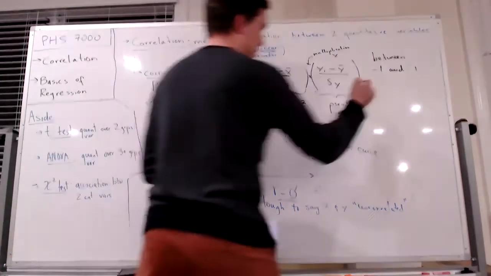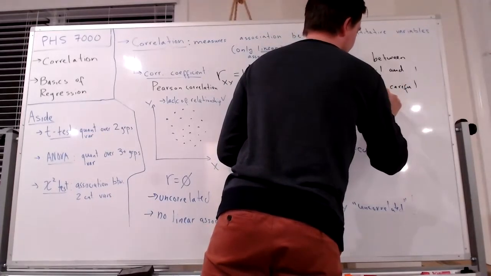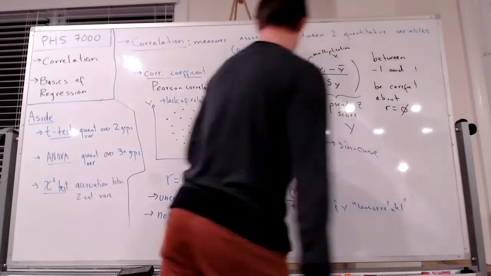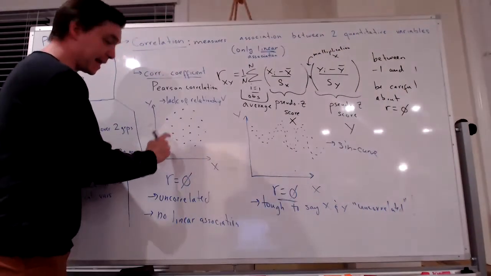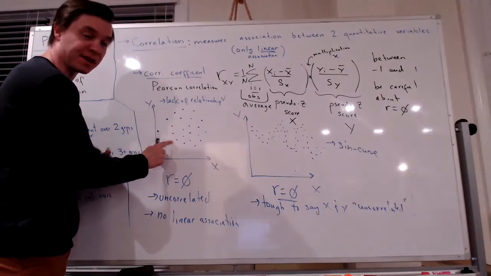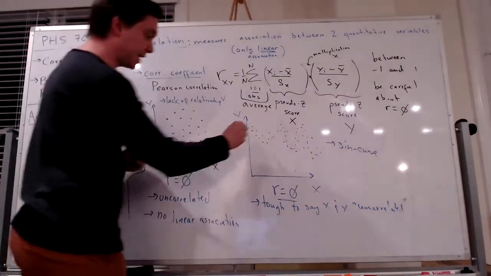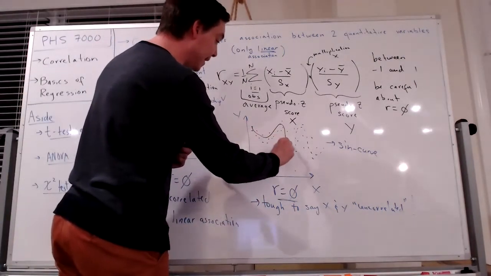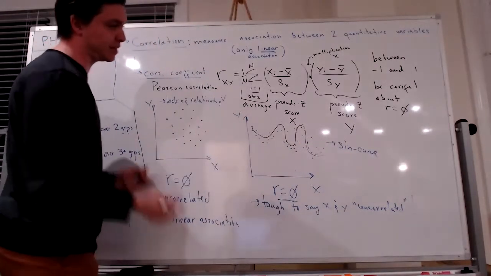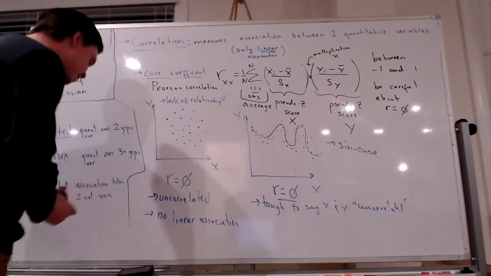But be careful about r equals 0. Because you could be in this case where you have no relationship at all between the two variables, or in this case where you just don't have a linear relationship between the two variables. It's clearly a relationship, it is just not linear. Okay, that's the Pearson correlation.